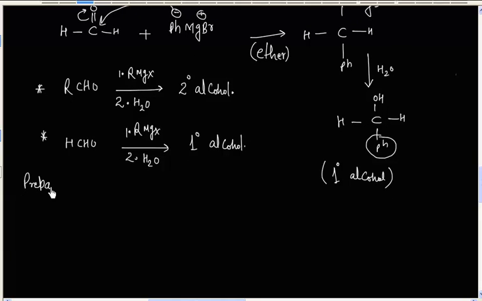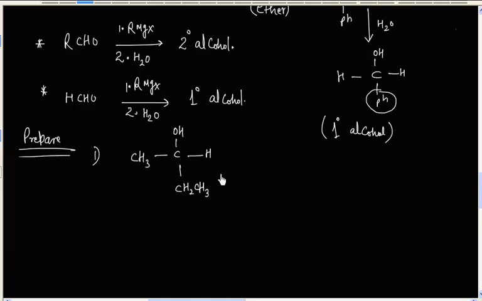So we have to prepare, let us say I want to prepare this compound. And we have been given a Grignard reagent and aldehyde. So we have to prepare this compound using Grignard reagent and aldehyde.